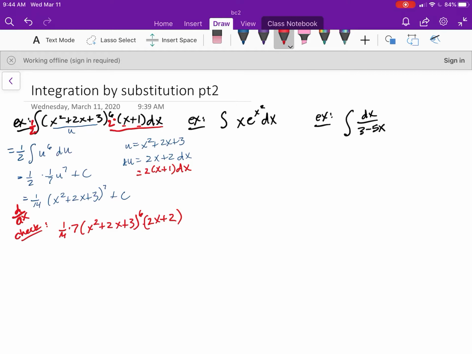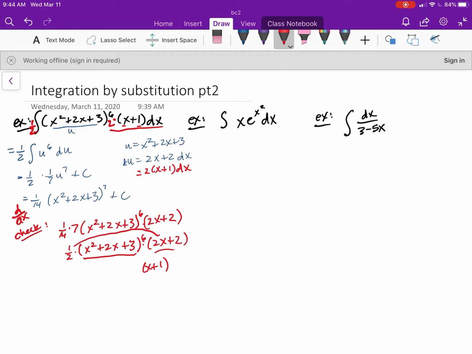Okay. Now 7 over 14 is 1/2. And then last, if I distribute the 1/2 in here, because it's all multiply, right? It doesn't go to everything, just either here, which I can't do because I have the 6th power, or here. And 1/2 of 2x plus 2 is x plus 1.